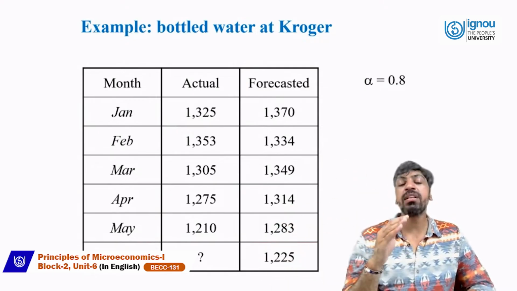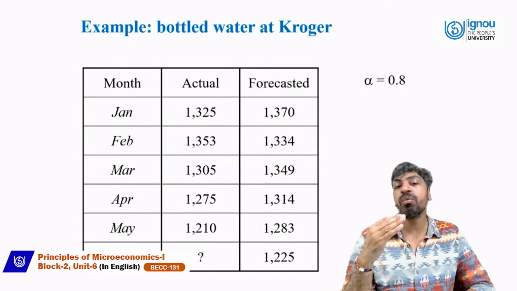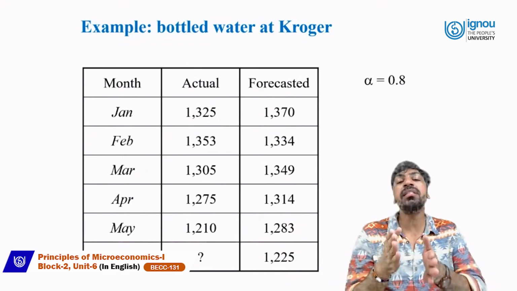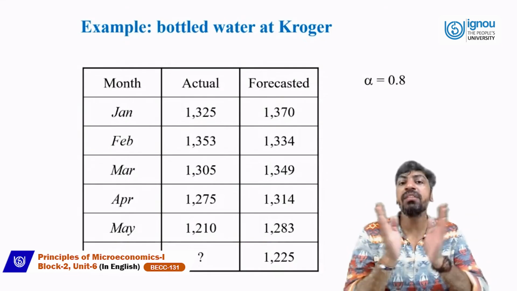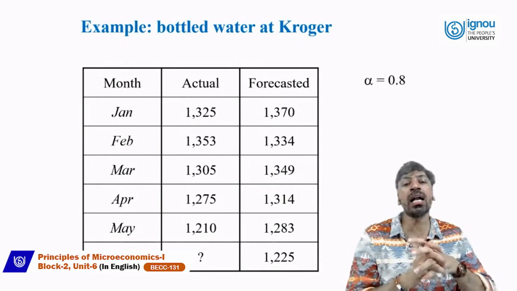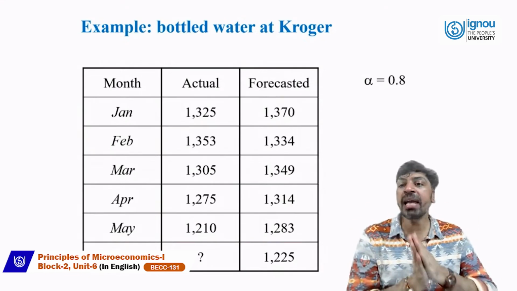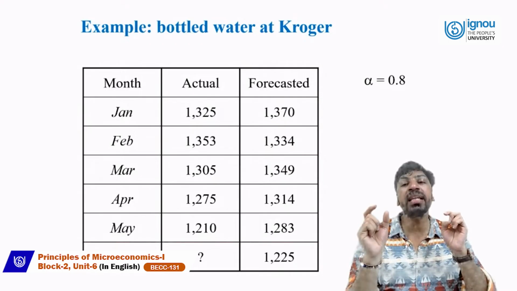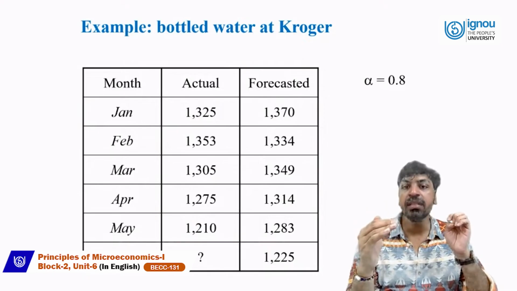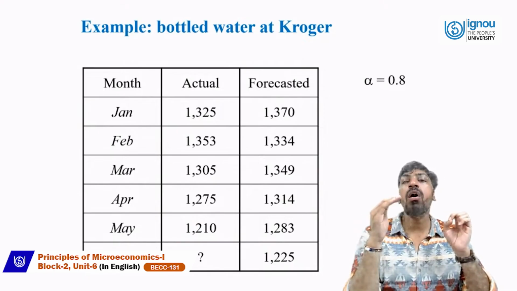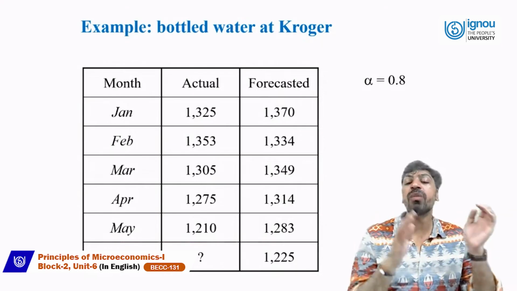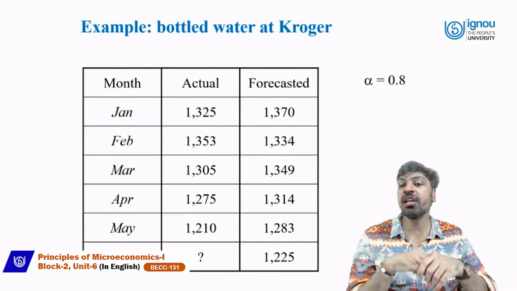Let's take an example: if you need to calculate the forecasted value of the February month, just take the difference between the actual and forecasted value, multiply it by 0.8, and whatever value you get, subtract it from the forecasted value of the January month.